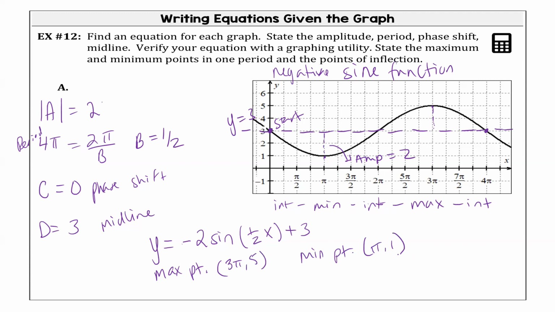Okay, and then your POIs. So your POI for this period, the key word is change. So it's going to be our intercepts where we change concavity. So our POIs, our points of inflection, take place at x equals 0, 2 pi, and 4 pi.